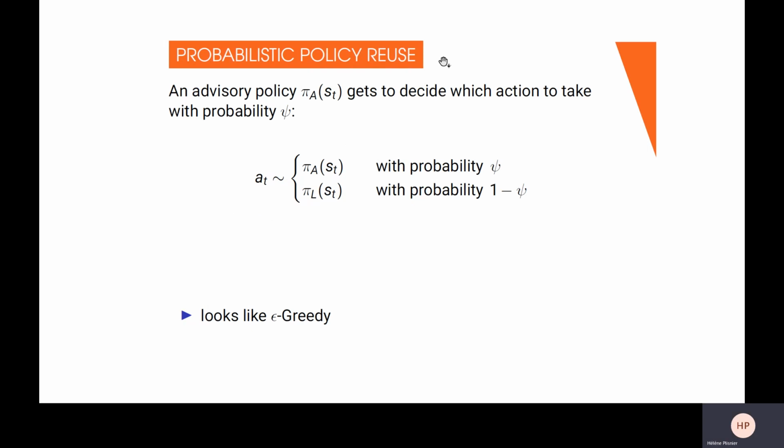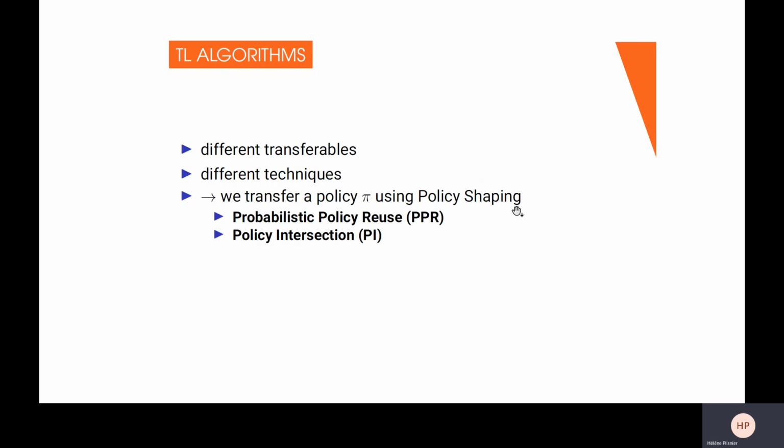Probabilistic policy reuse looks a lot like epsilon greedy. What I didn't say before is that policy shaping can also be called guiding the exploration strategy. So these are techniques that are used in the action selection part of the agent.